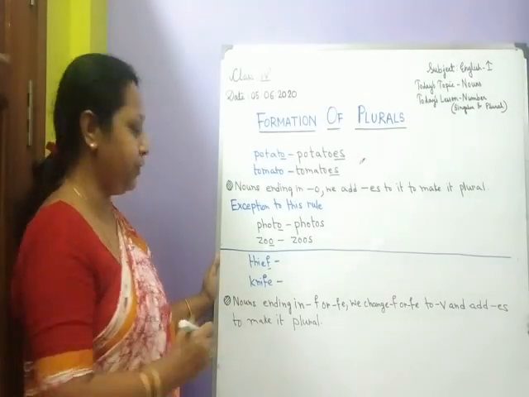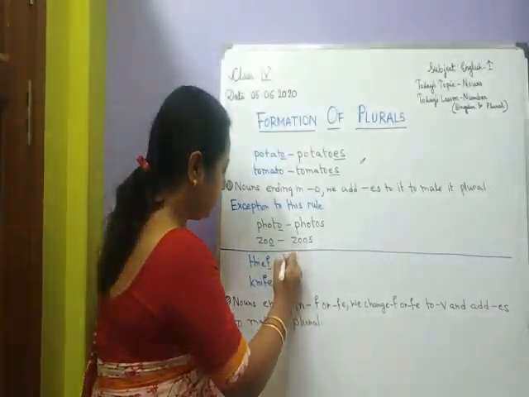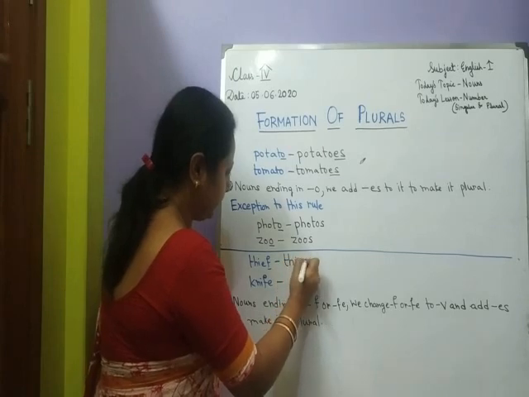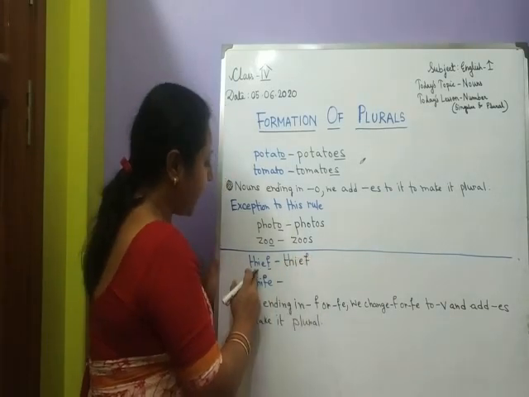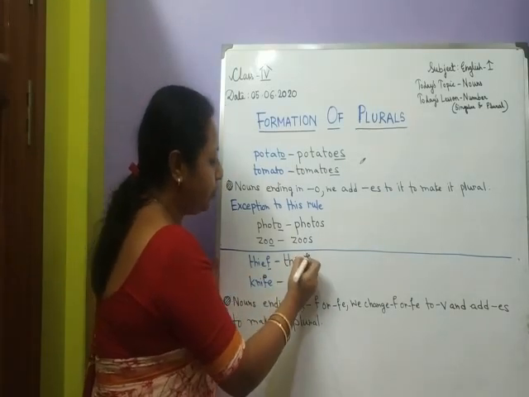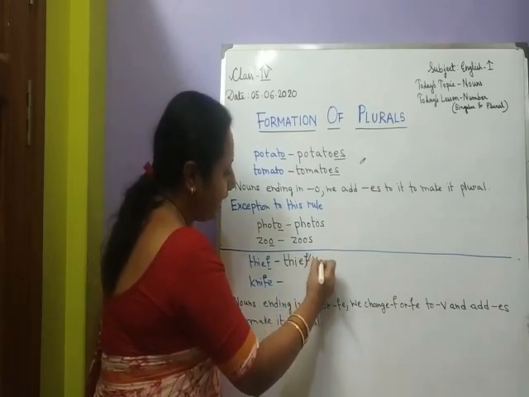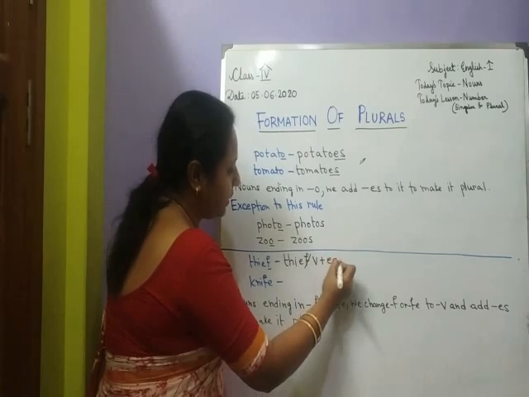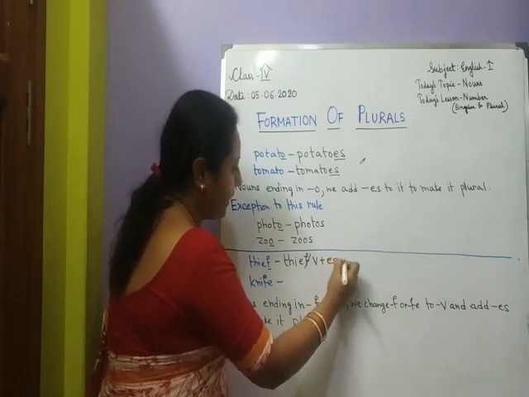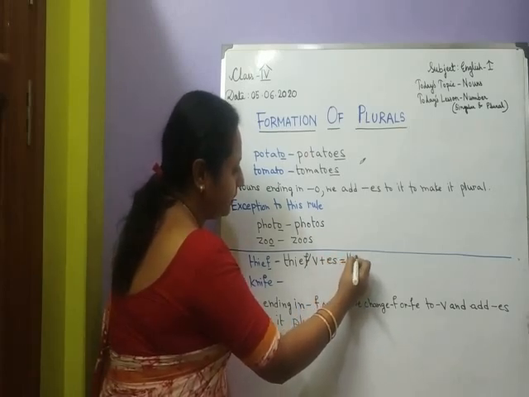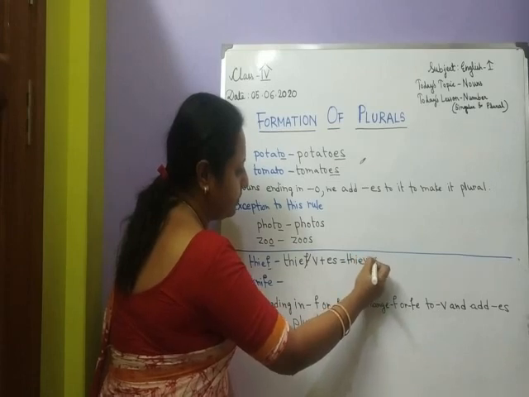Let me show you. Thief. Here we have to drop the letter F and write V and then add es to it to make it plural. So, thief will be thieves.